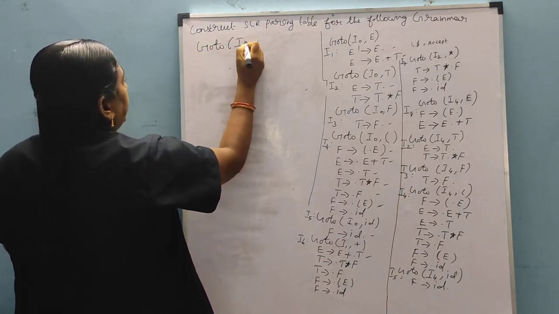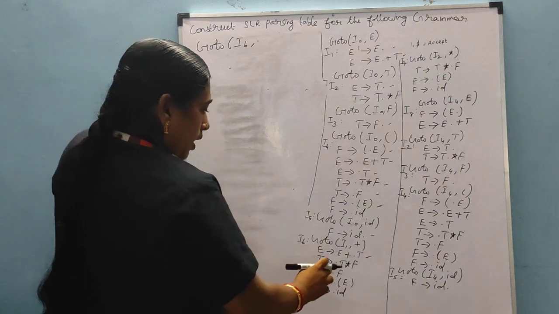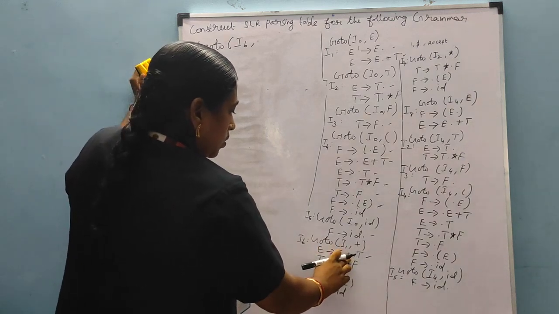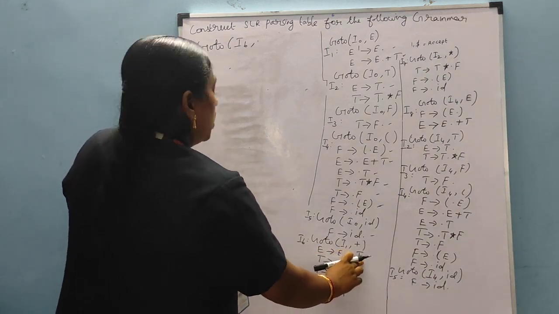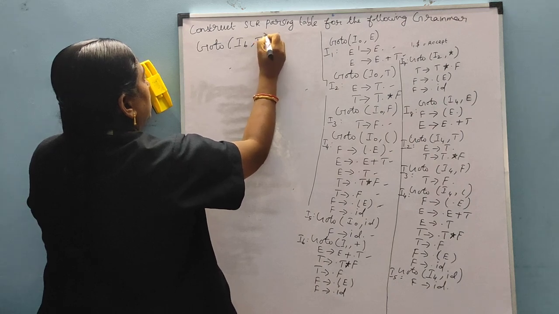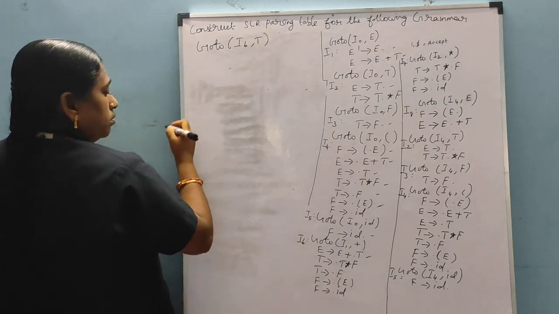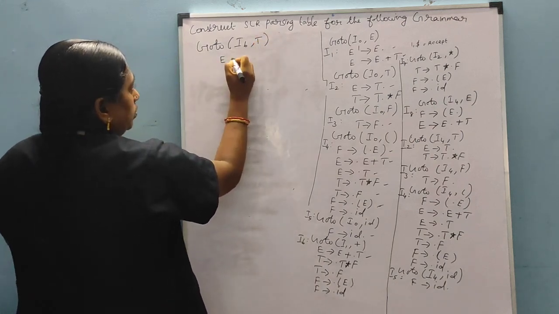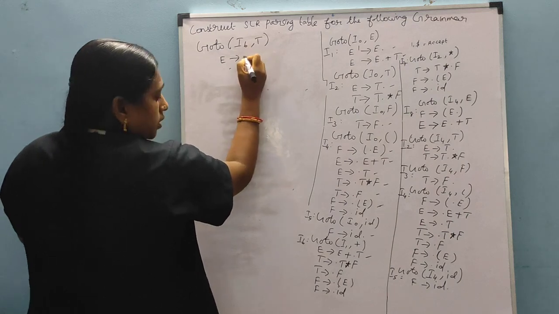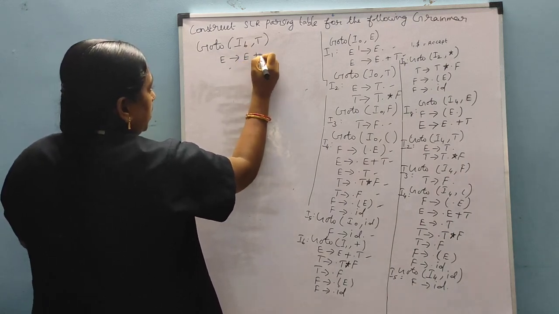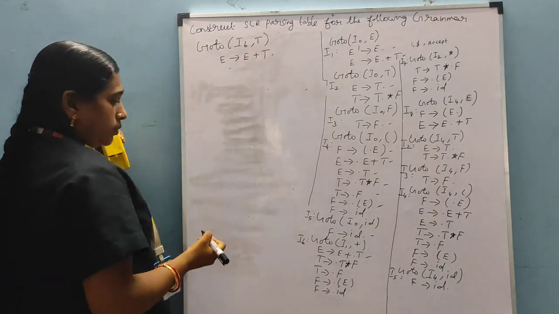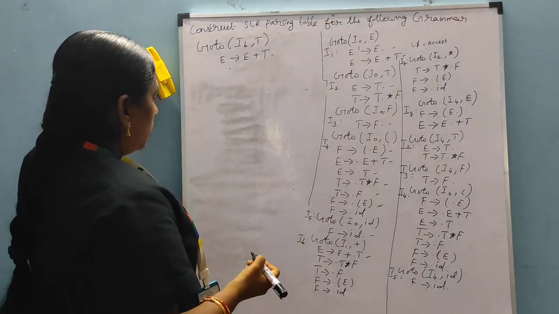Go to I6 state. So I6 comma, what is the value that will be present? Non-terminal T. Okay, now E tends to E plus T dot. Is there any other option?